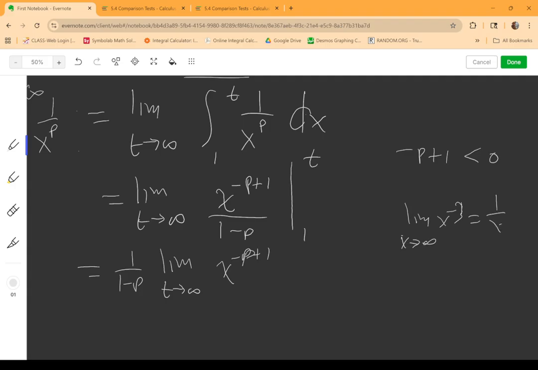It's 1 over x cubed, which grows without bound in the denominator, so it goes to 0. So if I have a negative exponent, then it will converge. That means here, subtracting 1, then multiplying by negative 1, or bringing p over to the other side, when p is greater than 1, we have convergence.